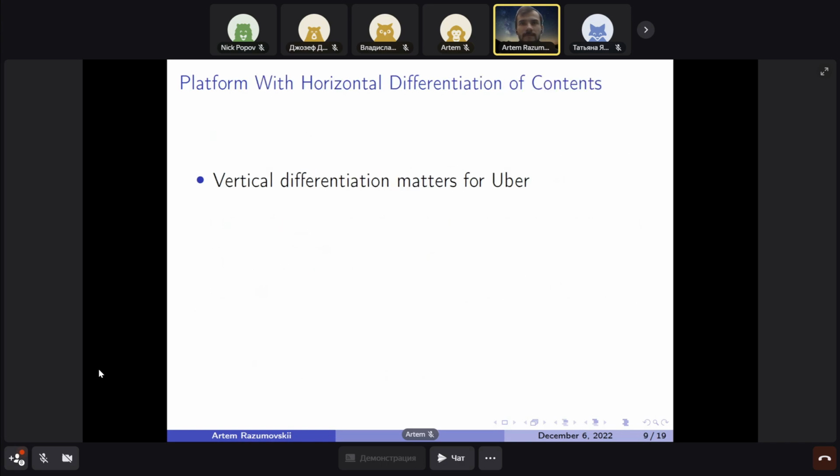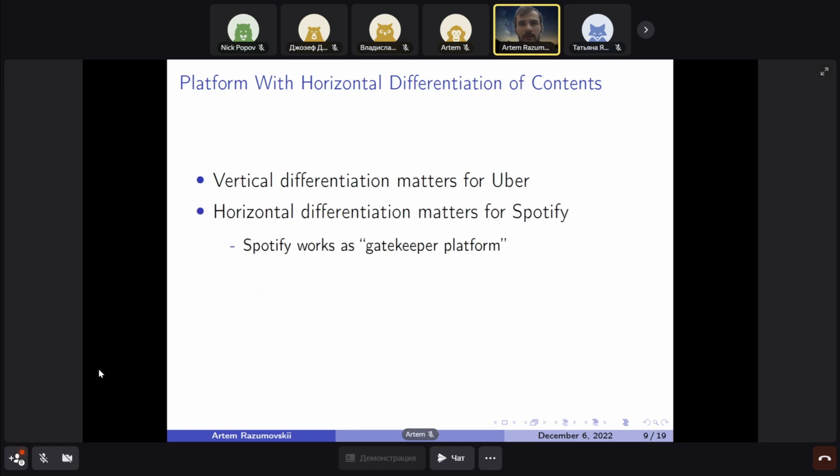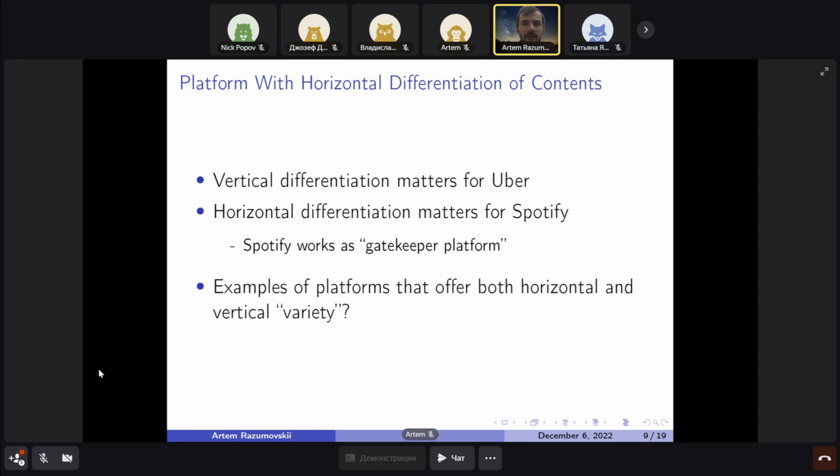So vertical differentiation is for Uber, and horizontal is for Spotify, which just sells access to different genres. The next question is, can you provide an example of a platform where you have both vertical and horizontal differentiation?